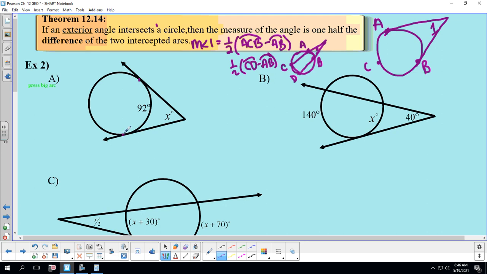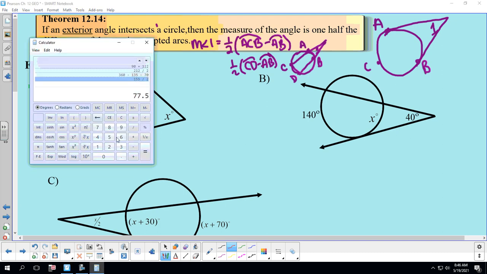From here to here is 92. So to find the other arc, we have to go 360 minus 92, which is 268.